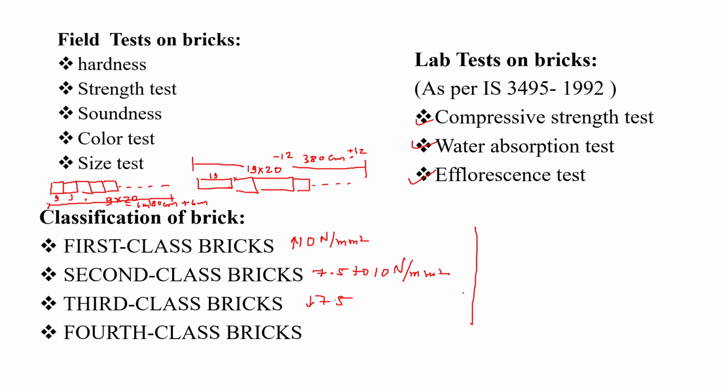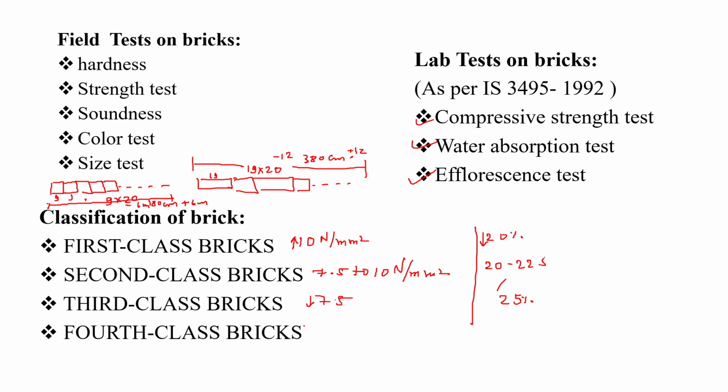Now water absorption. First class brick should not absorb water more than 20%, or it should absorb less than 20%. Second class brick will absorb water between 20 to 22.5%. And third class brick absorbs water up to 25%.